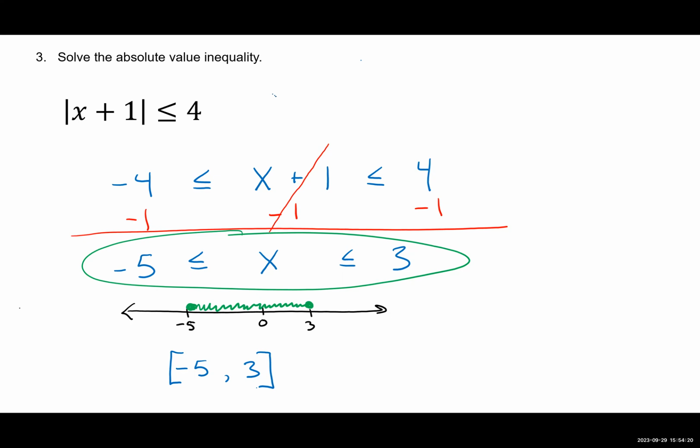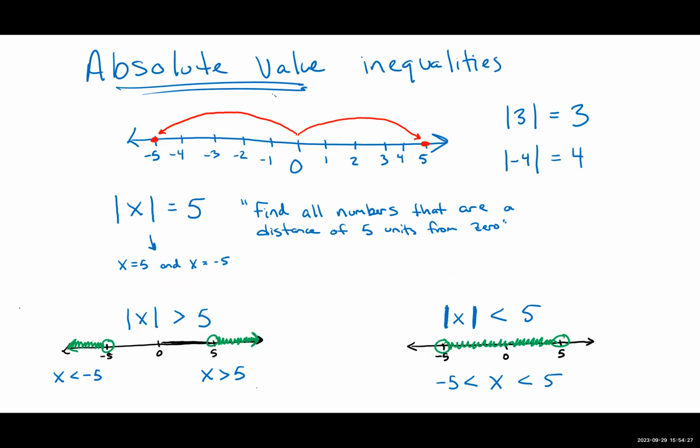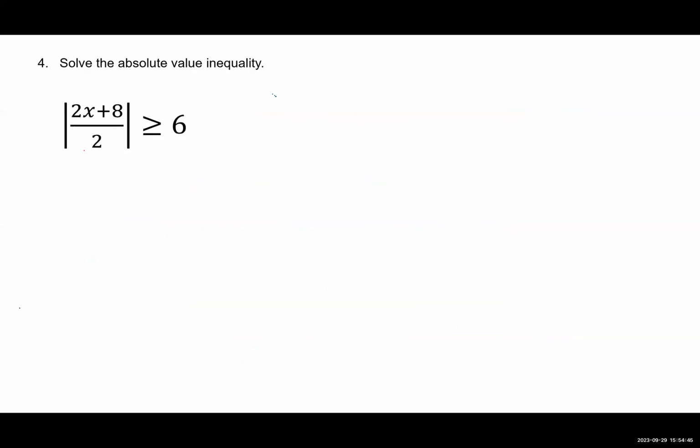Now, if it's absolute value is greater than, we have to do something different. And I'll go back one more time. We have to do something different because if you look at what we've shaded down here on the number line, it looks very different. Here we have 2 separate regions of the number line shaded because of the greater than symbol. So when you have the absolute value of something is greater than a number, that number can't be negative, of course.